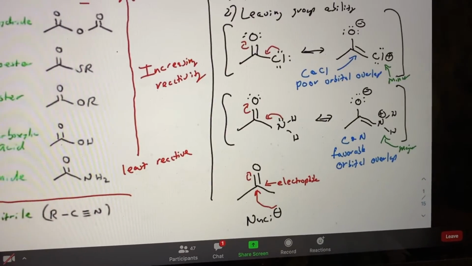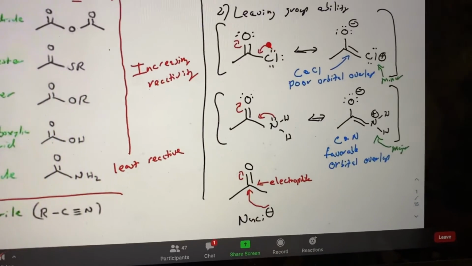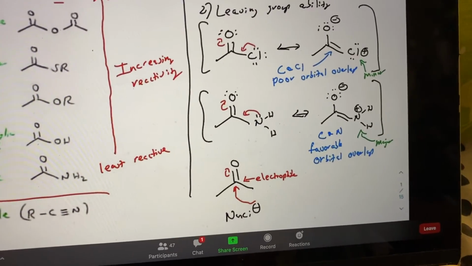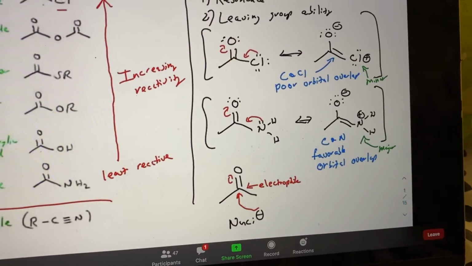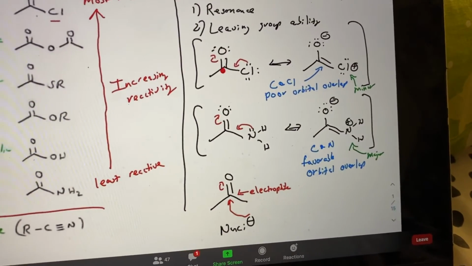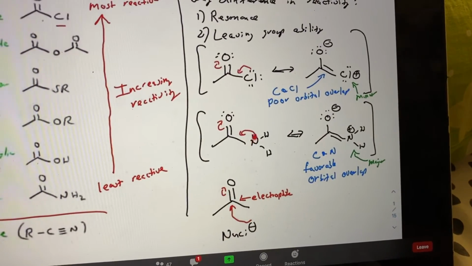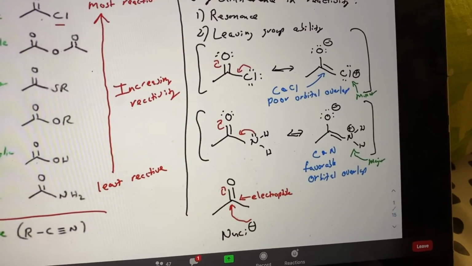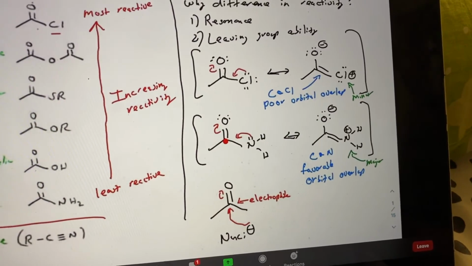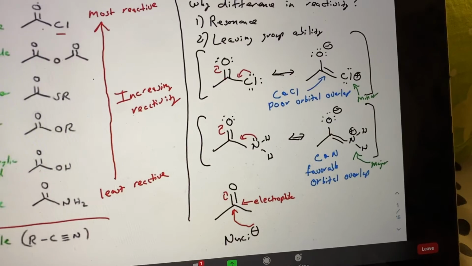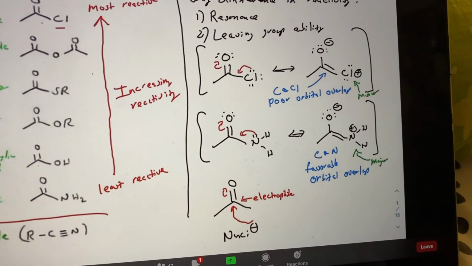However, for the acyl chloride, this doesn't really contribute much, which means the chlorine doesn't really dump electron density back into the carbon due to this poor orbital overlap. So that doesn't really decrease the electrophilicity here. But it does for the amide. So the amide can dump electron density back in here, making this carbon less positive. So that should make the amide less reactive than the acyl chloride. So that's one feature. And these other ones are going to be somewhere in the middle there.